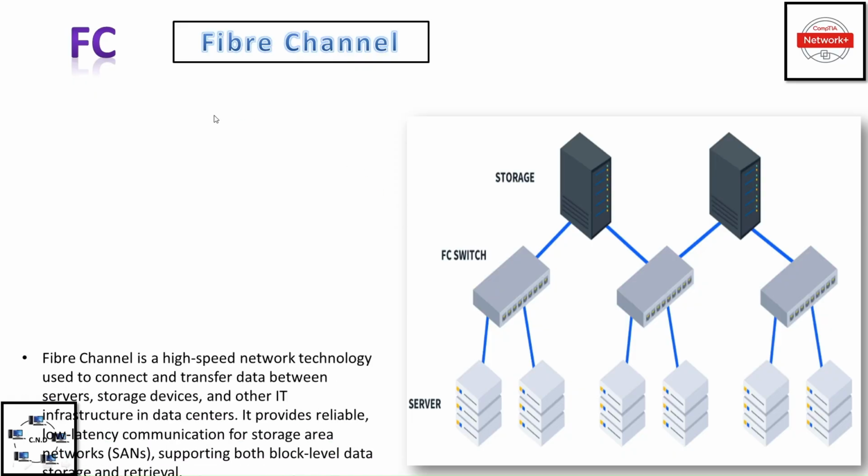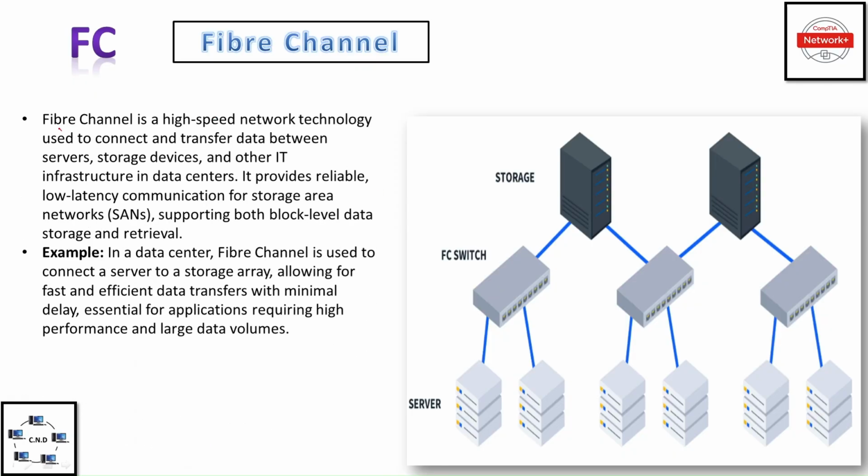FC, that is Fibre Channel. The FC, or Fibre Channel, is a high-speed networking technology used to connect and transfer data between servers, storage devices, and other IT infrastructure in data centers. It provides reliable, low-latency communication for storage area networks, or SANs, supporting both block-level data storage and retrieval.